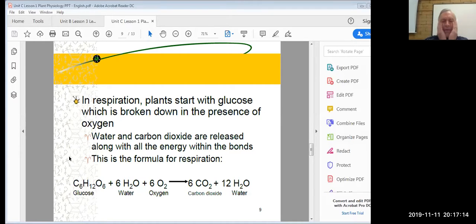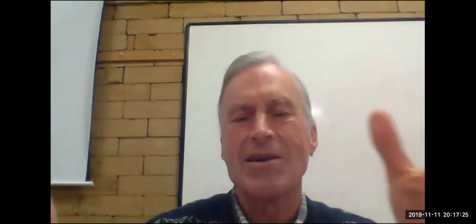What happens is the plant takes in the carbon dioxide and it makes the sugar out of it, and it uses some of that sugar for its own metabolism. It excretes some out into the soil, but other amounts of the sugar are used to create the structure of the plant itself.